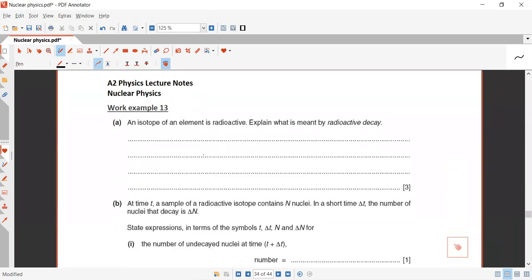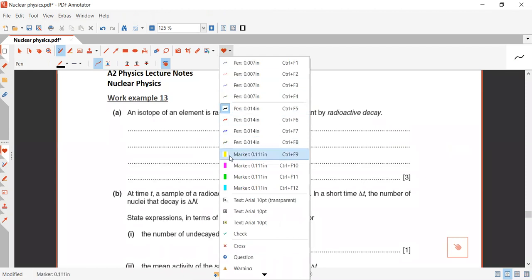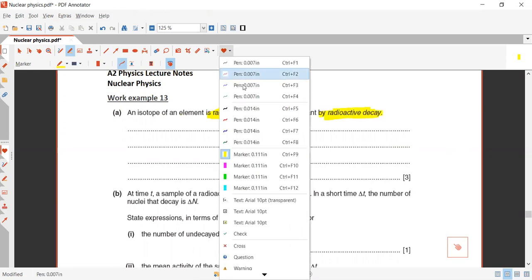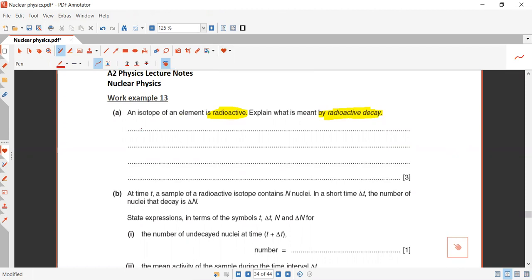Let me do a question for you. Question number 13. First, they say the isotope of an element is radioactive. Explain what is meant by radioactive decay. So what is radioactive decay? There are 3 marks. 1 mark is for saying that it's a spontaneous decay. And 1 mark is for saying it is a random decay.